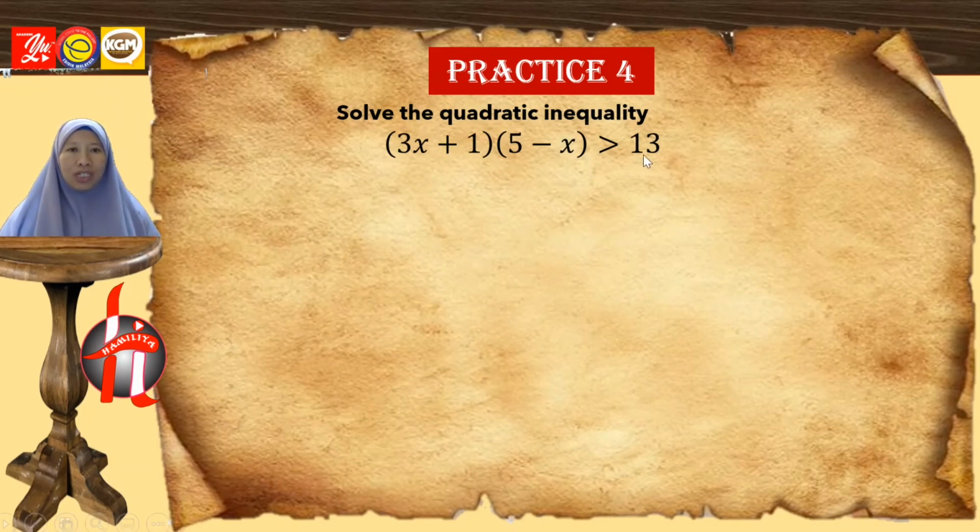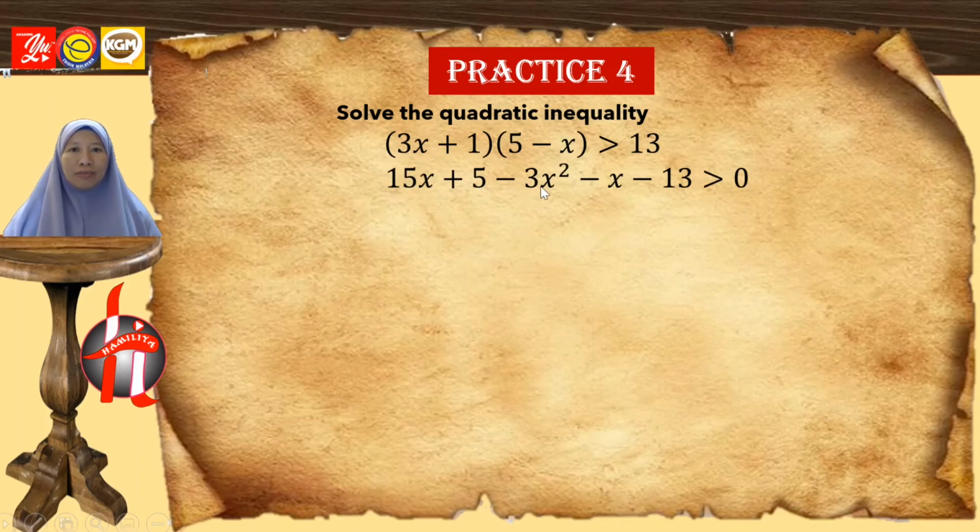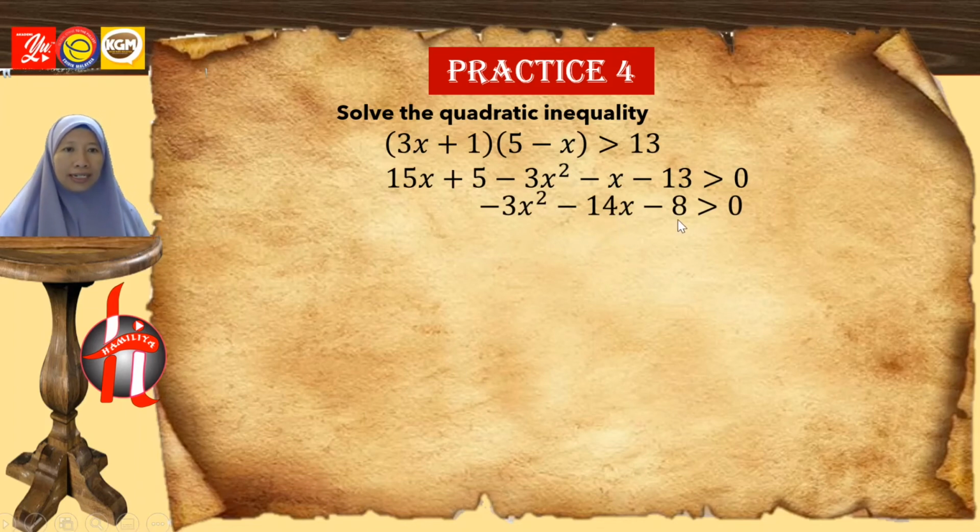First of all, we need to expand the bracket, and we got 15x plus 5 minus 3x squared minus x minus 13 is greater than 0. And then simplify them, we get negative 3x squared minus 14x minus 8 is greater than 0.